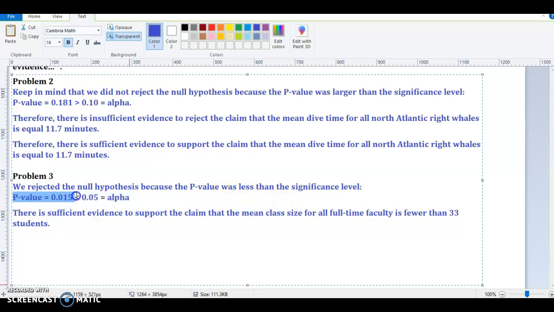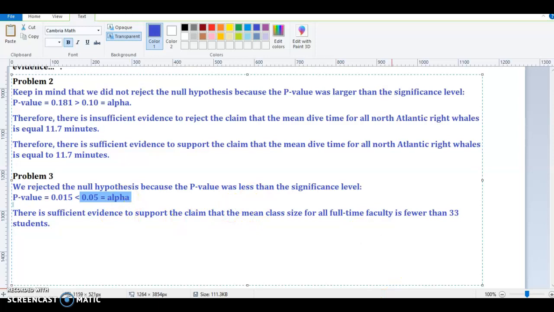So we would say there is sufficient evidence to support the claim that the mean class size for all full-time faculty is fewer than 33 students. The claim we're trying to find support for was in the alternative hypothesis, so because our p-value tells us to reject the null hypothesis, we have support for our claim.